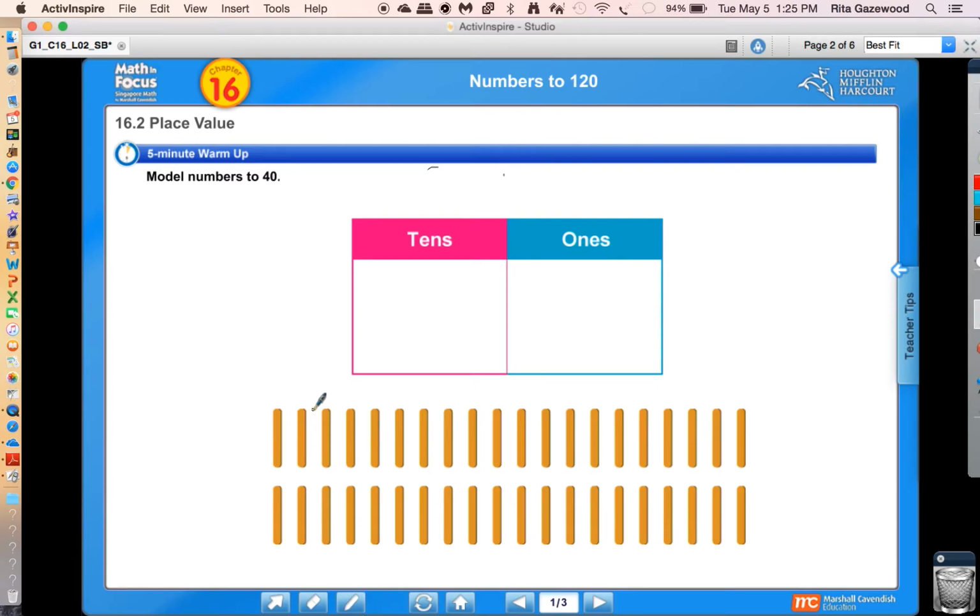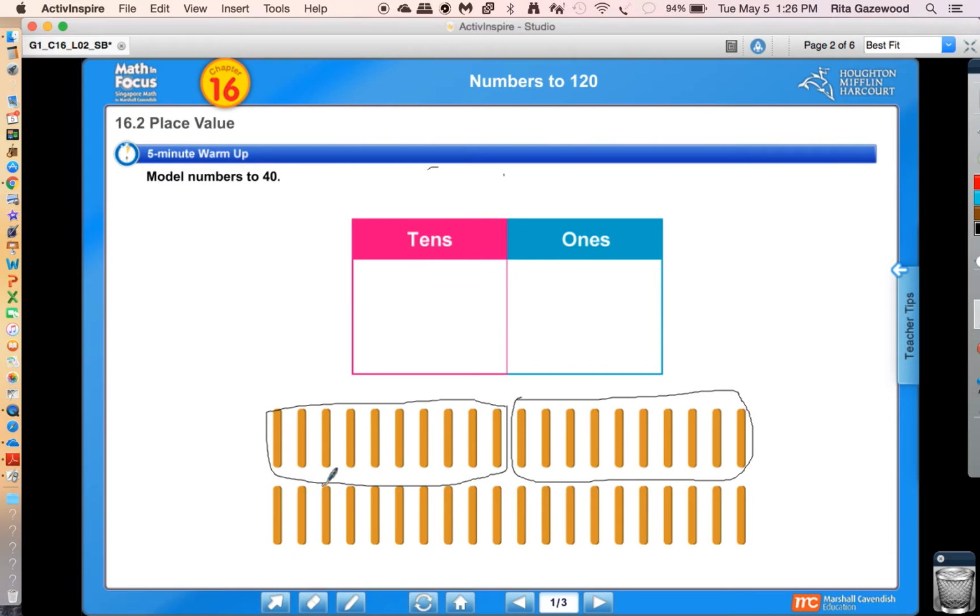1, 2, 3, 4, 5, 6, 7, 8, 9, 10. So I have one group of 10. 1, 2, 3, 4, 5, 6, 7, 8, 9, 10. Now I have two groups of 10.